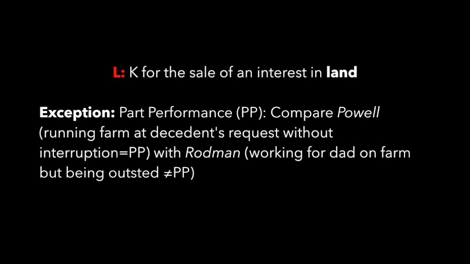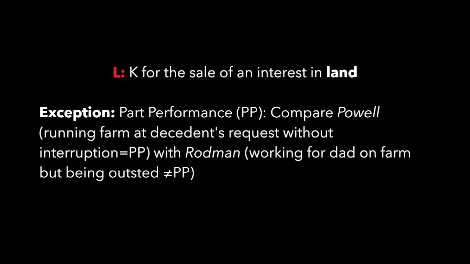Number three, L, a contract for the sale of an interest in land. There's an important exception here known as the part performance doctrine, which says that if an oral promise has been made to transfer land in exchange for services that have almost entirely been performed on the part of the recipient or putative recipient of the land, the promise to transfer the land will be enforceable, at least under some conditions.